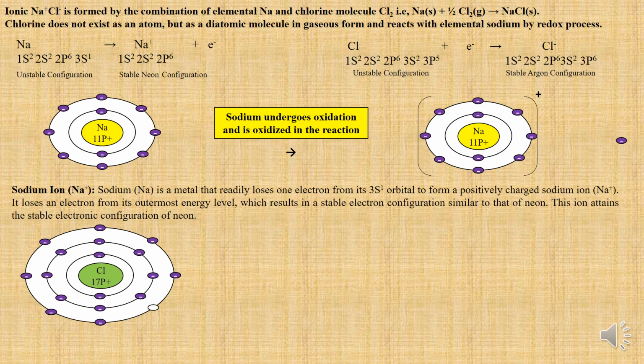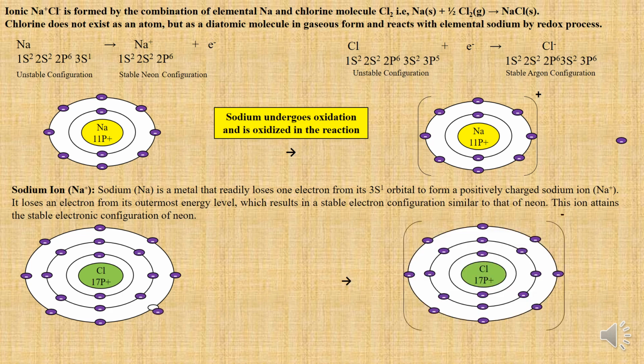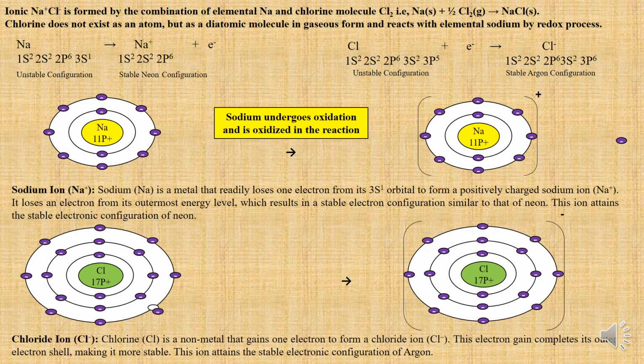Now chlorine, on the other side, gains 1 electron given by sodium and gets converted into chloride ion. So chlorine is a non-metal that gains 1 electron to form a chloride ion. This electron gain completes its outermost electron shell, making it more stable.